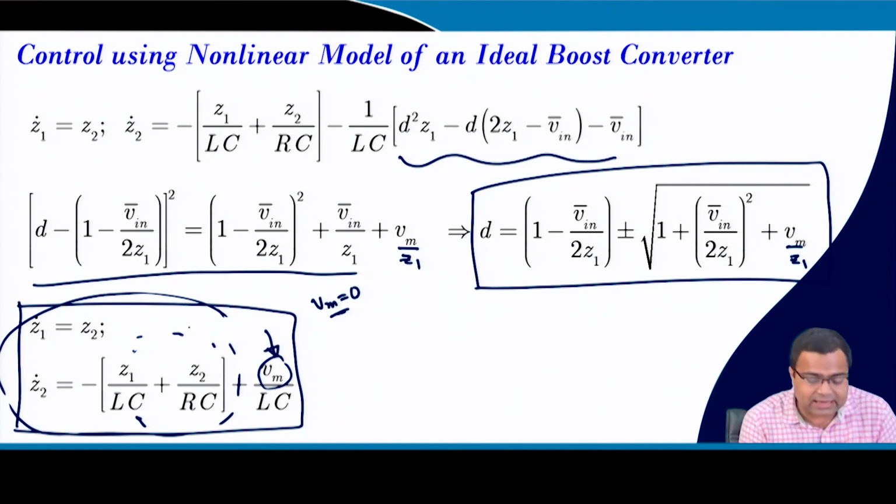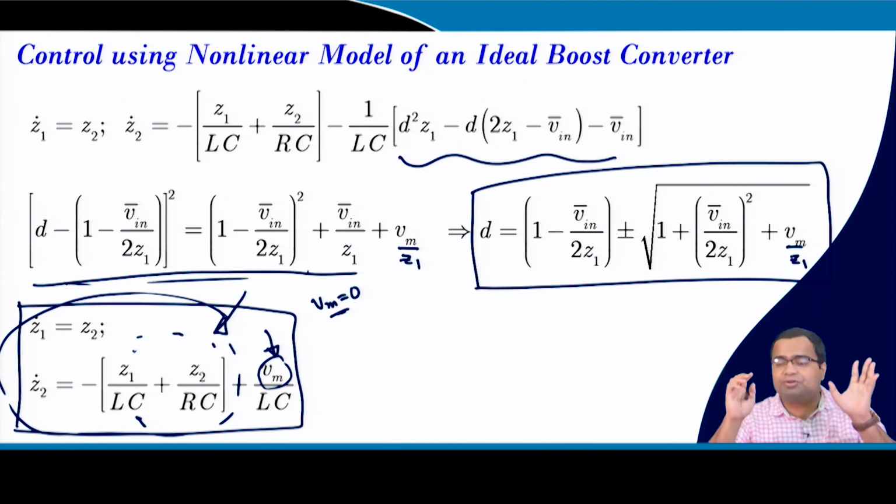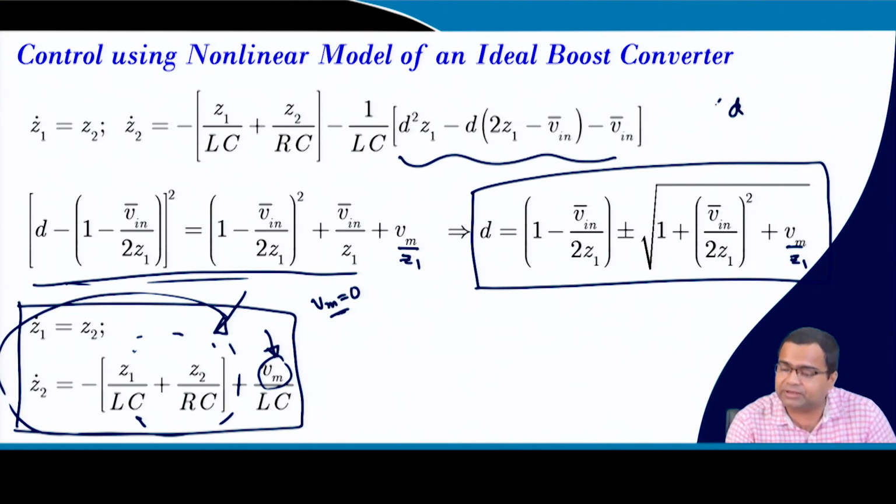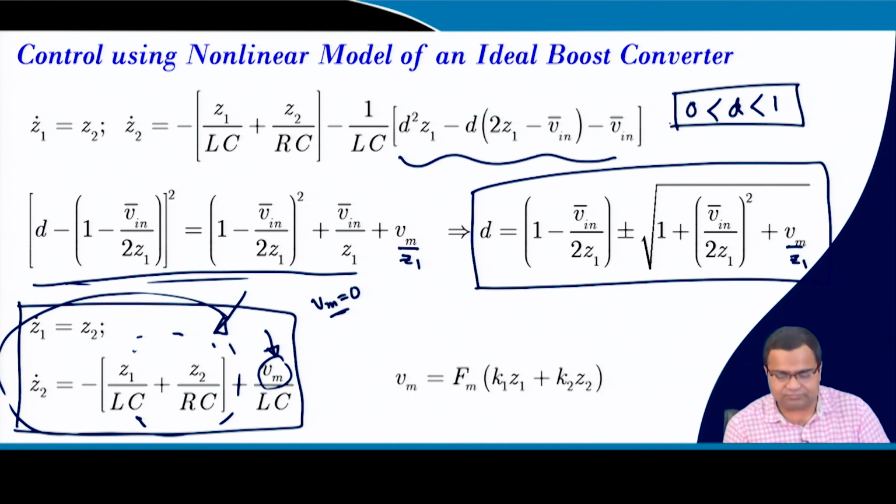But interestingly, the whole control problem is reduced to a linear control problem, because we have eliminated the nonlinearity by means of this. So, there is no Taylor series linearization, remember, and no duty ratio perturbation limit, but here the duty ratio must be greater than 0 and less than 1. It should not take the extreme values 0 and 1.